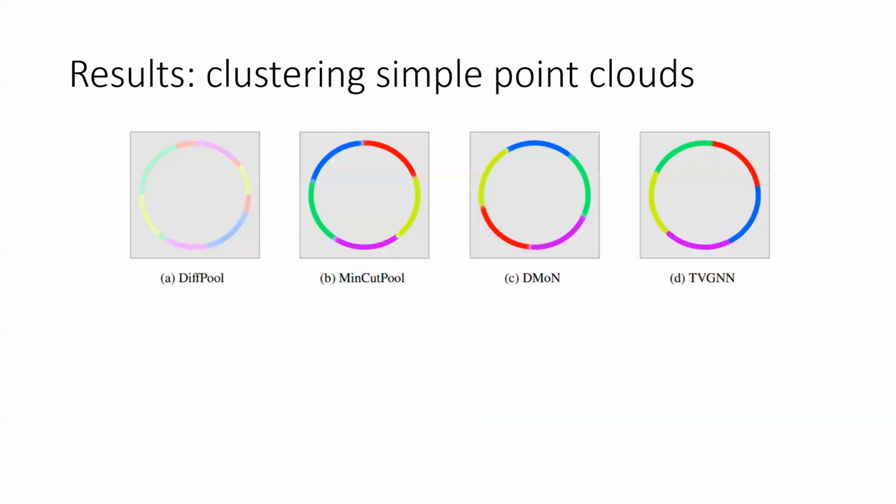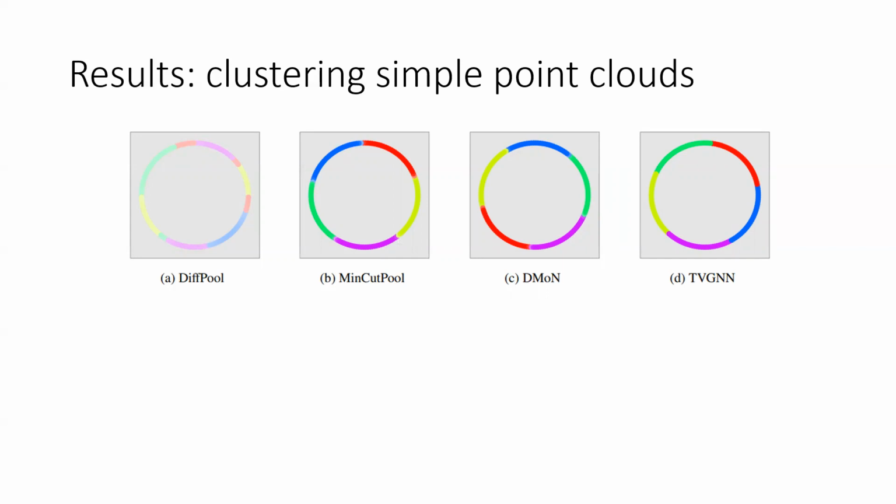To better show the problem of soft transition between clusters, let us consider an example on a simple point cloud, which we ask to partition in 5 different clusters. The transparency of the color indicates the maximum value of the cluster assignments of each node.